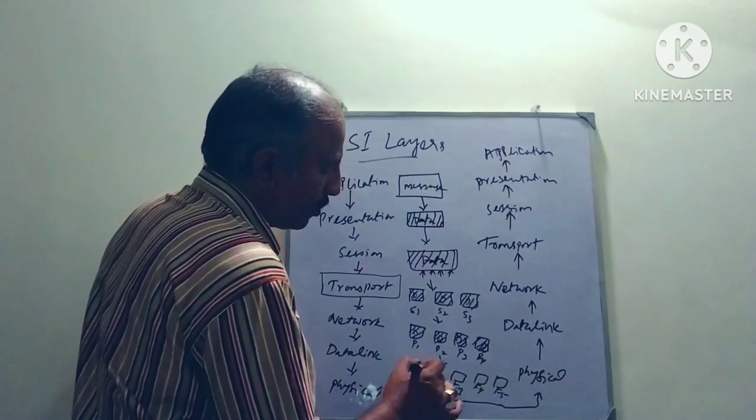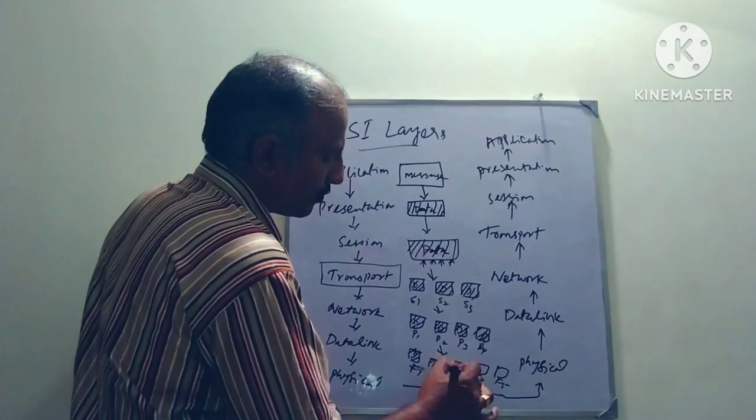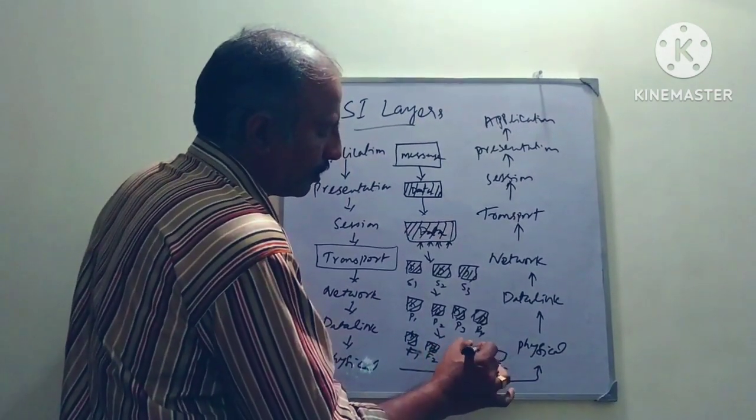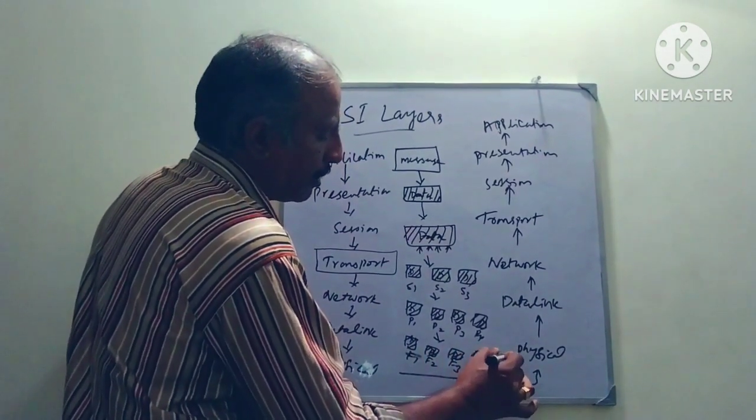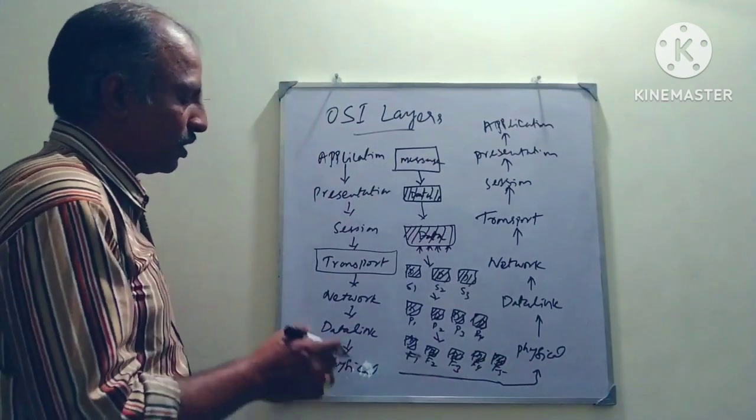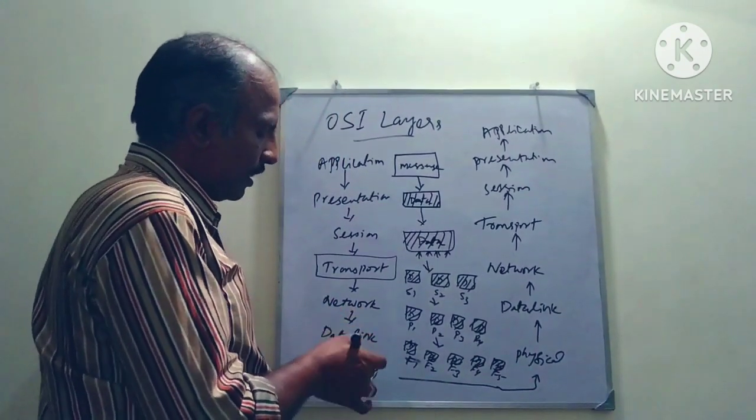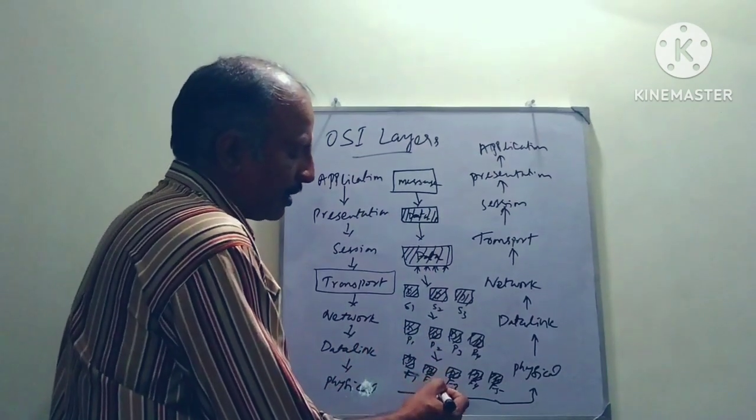Then error control and flow control, everything is managed by the data link layer. After that, these frames are sent to the physical layer.